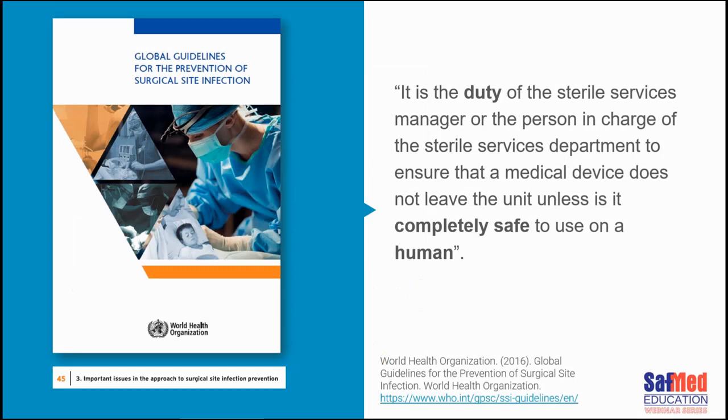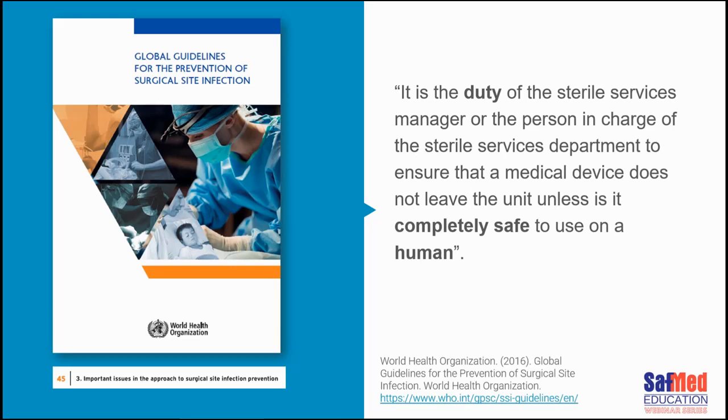Now, the World Health Organization's guidelines for the prevention of surgical site infections clearly state that it is the duty of the sterile services manager, or the person in charge of the sterile services department, to ensure that a medical device does not leave the unit unless it is completely safe to use on a human.